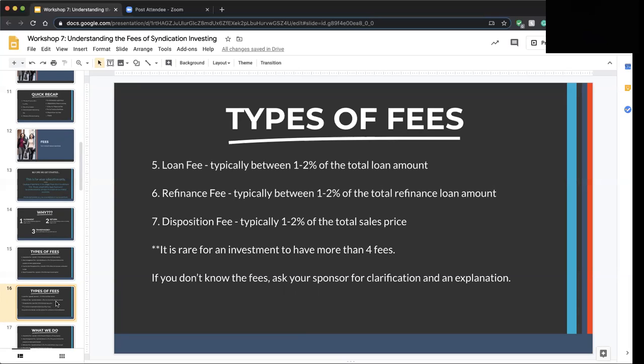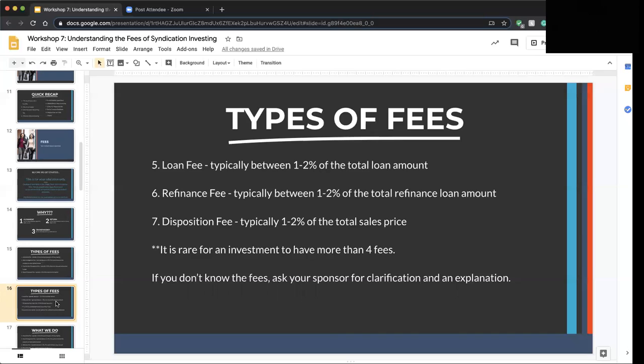Then we're going to take that property back to the bank and either do a refinance or get a supplemental loan to pull capital tax-free out of the project. At that particular point, all the labor and the paperwork that goes into completing that process usually has layered on a refinance fee of about 1 to 2% of the total refinance loan amount.